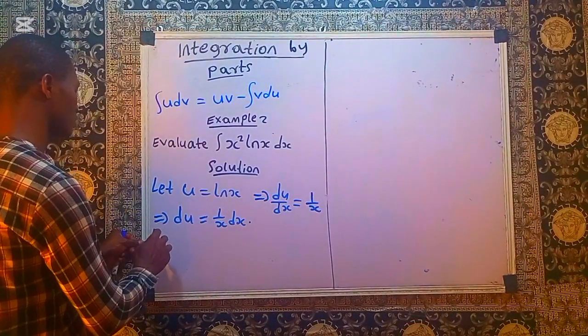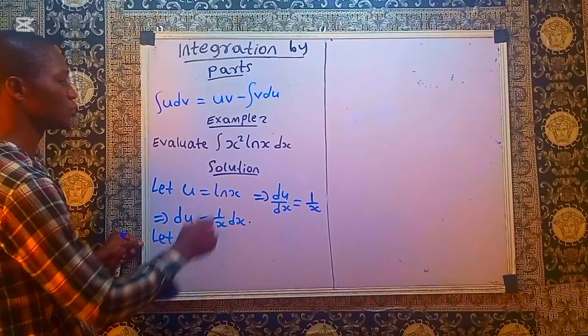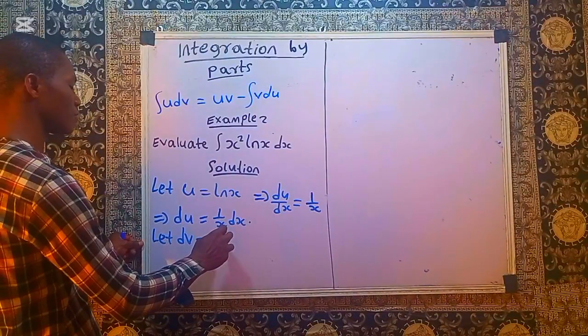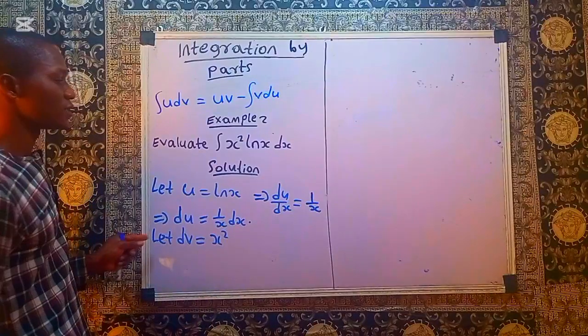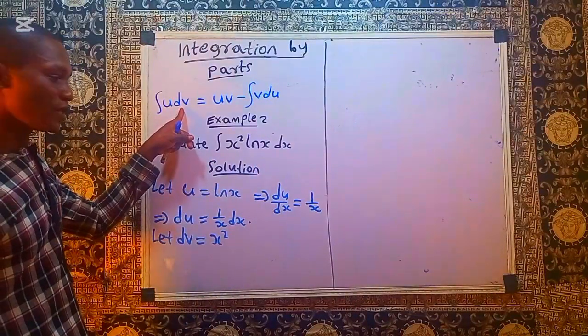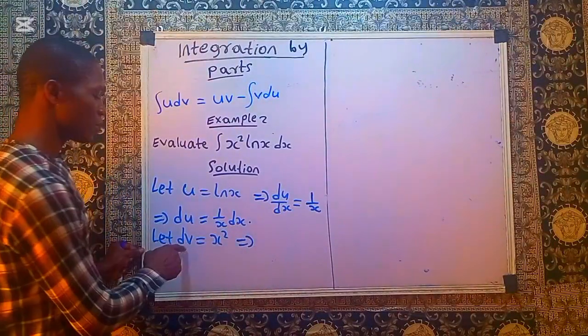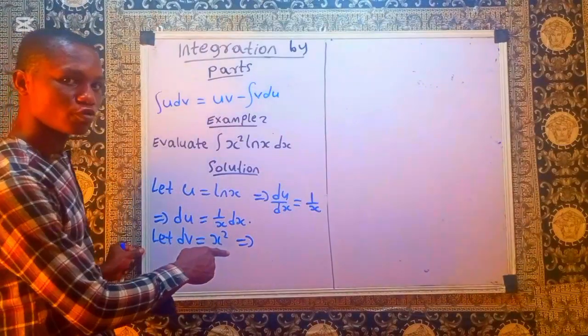So I'm also going to say let dv be equal to x squared dx. Since we call u ln x, then the second one will be dv, x squared. So this one you integrate. The one you call dv is the one you are going to integrate.